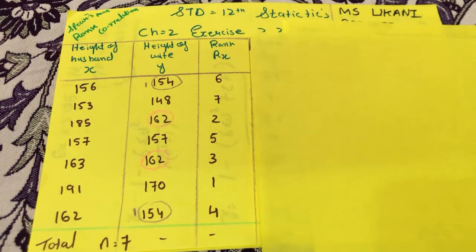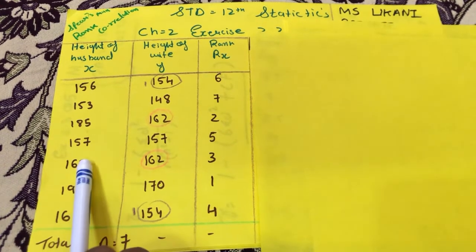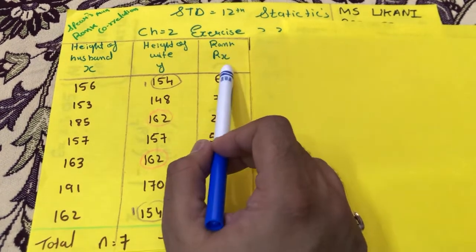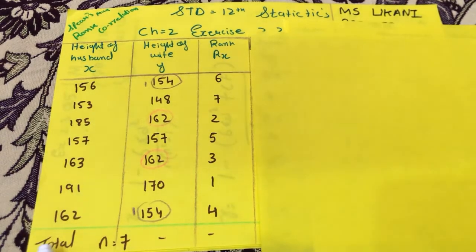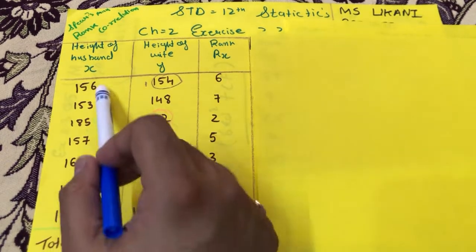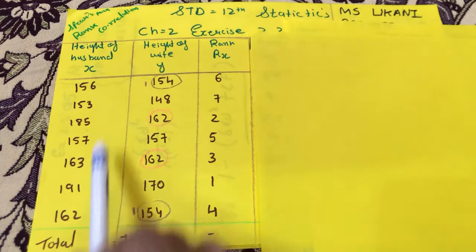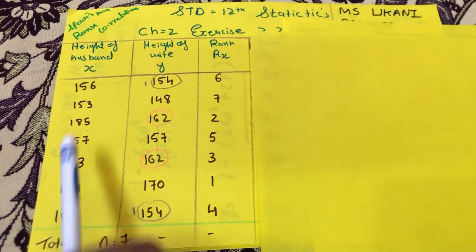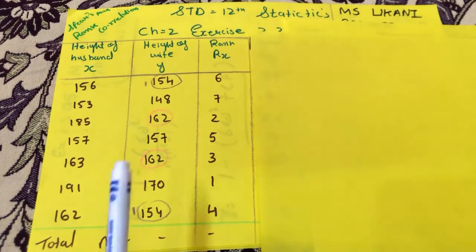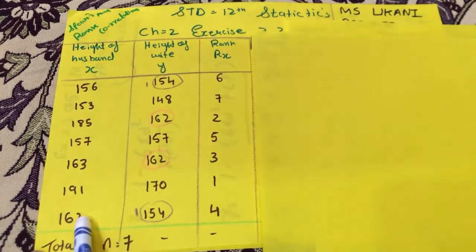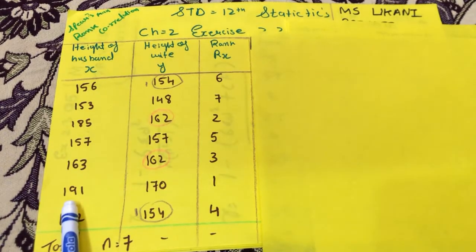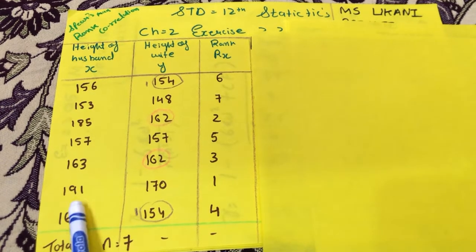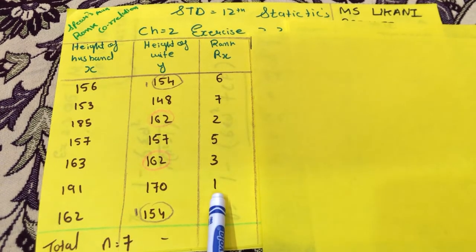As you know very well, the number which is biggest among all these numbers is to be given rank 1. So observe the column X, the biggest number is 191. So here we will give rank 1 for Rx.